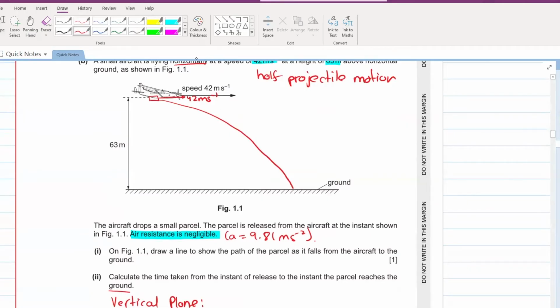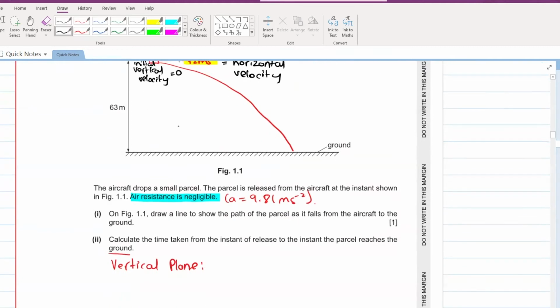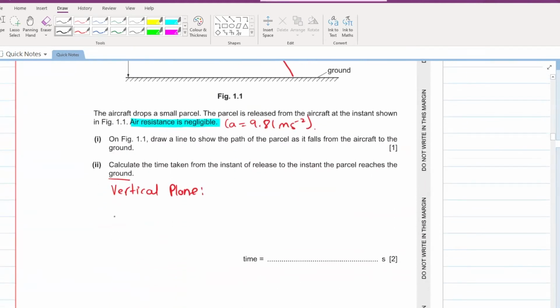Initially, you only have a horizontal velocity of 42 ms^-1, and your initial vertical velocity is 0.